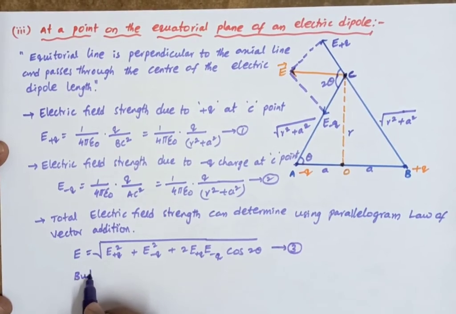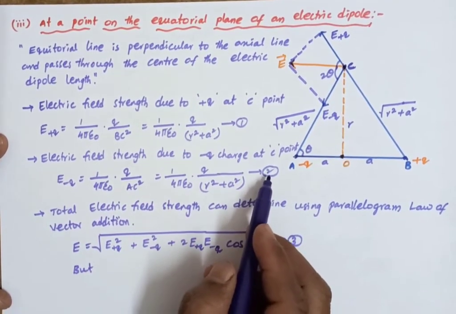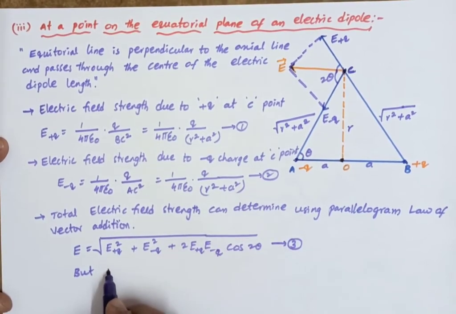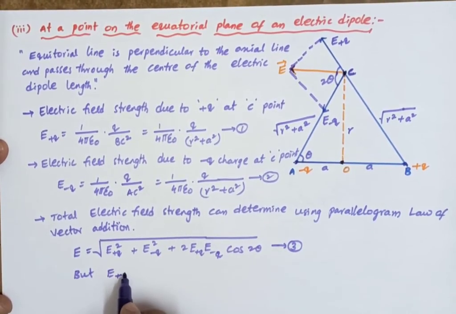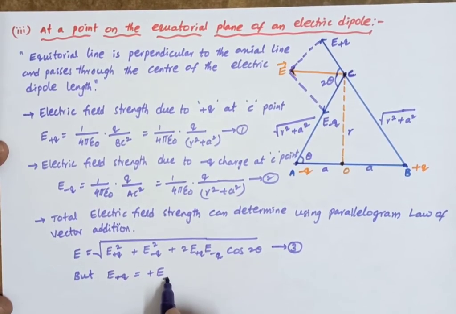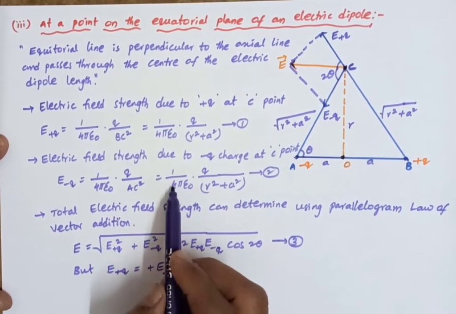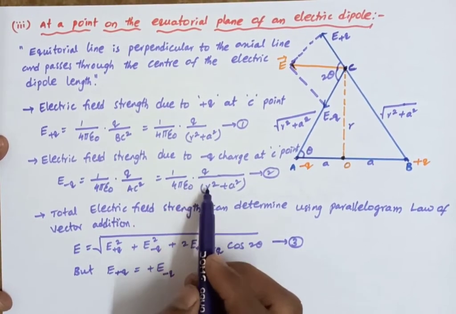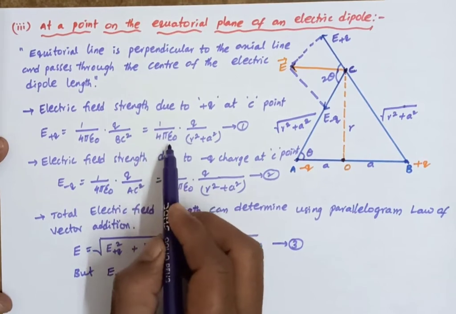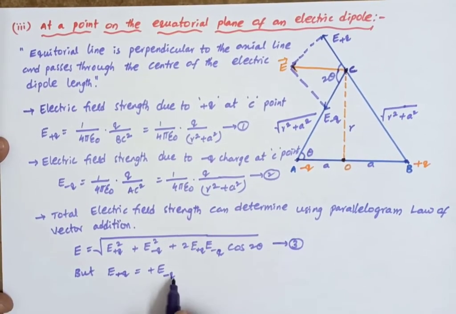But here, from equation number 1 and equation number 2, E plus q equals E minus q. It is 1 by 4 pi epsilon naught q by r square plus a square, and it is also 1 by 4 pi epsilon naught q by r square plus a square. So both are equal.